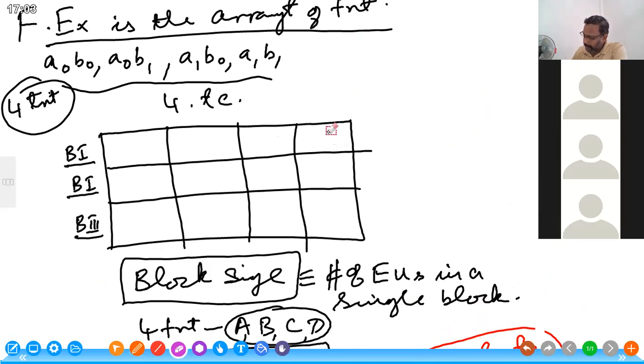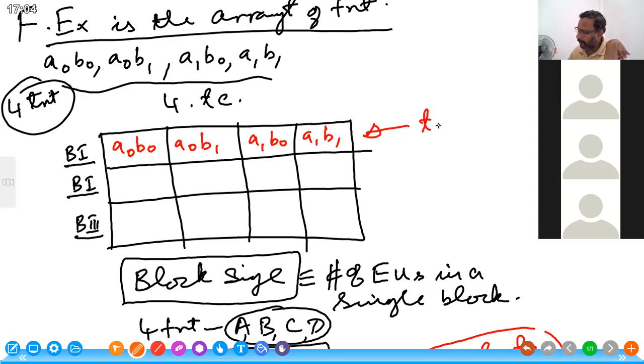Coming back now, if I want to accommodate all the treatment combinations, for example A0B0, A0B1, A1B0, A1B1, all the treatment combinations are present here. This is how we arrange the treatment combinations in a block if it is an RCBD.